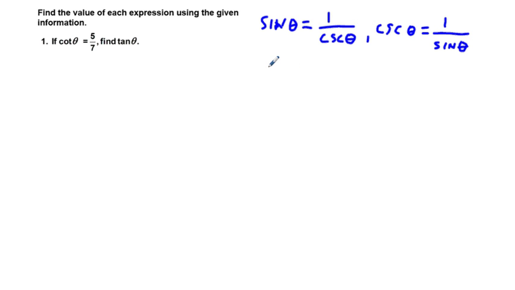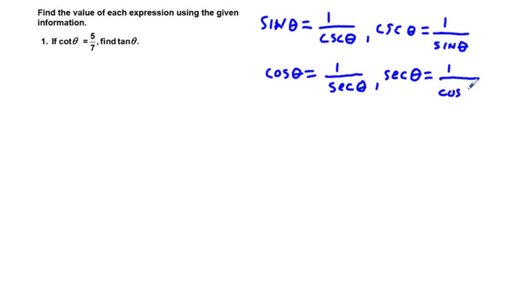And cosine theta is equal to 1 over secant theta, and secant theta is equal to 1 over cosine theta. And then tangent theta is equal to 1 over cotangent theta, and cotangent theta is equal to 1 over tangent theta.